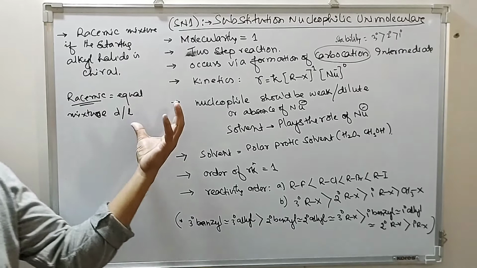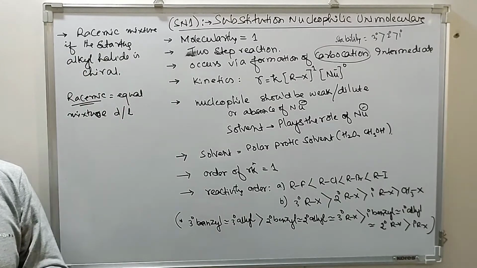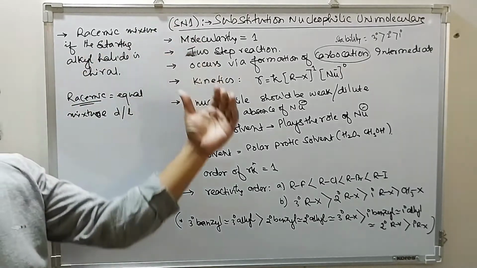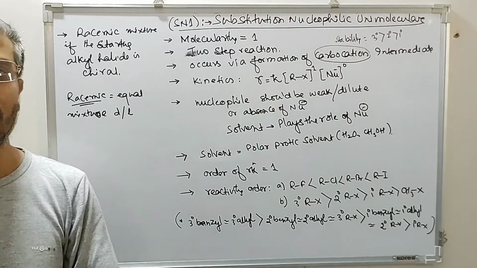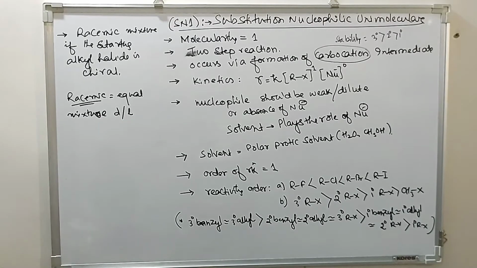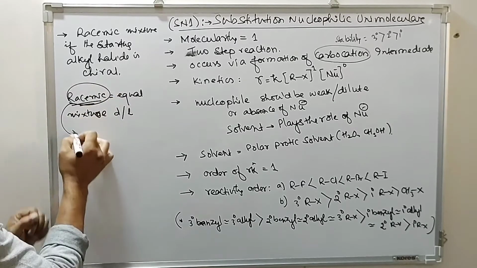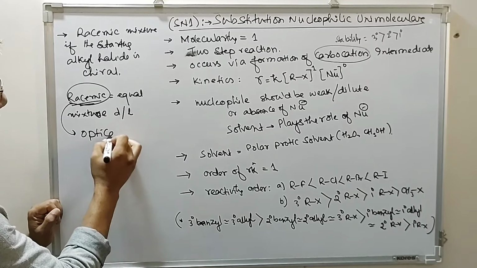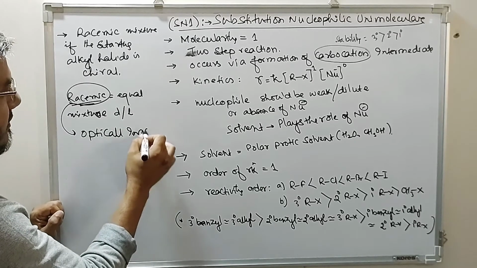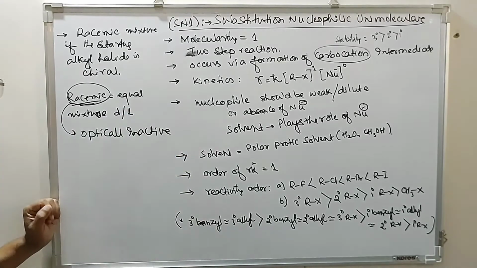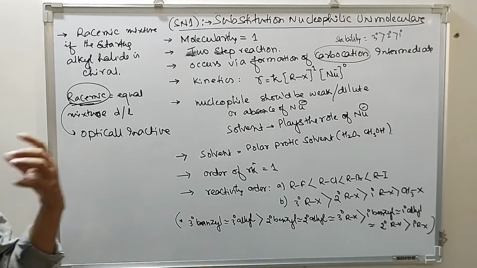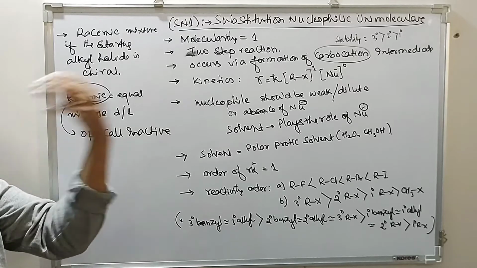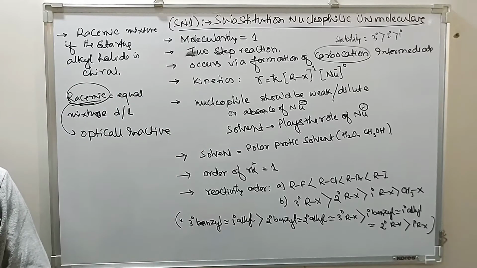So if we start with an optically active alkyl halide, for this substitution nucleophilic unimolecular, then the product will be optically inactive. If the starting compound is optically inactive, then there is no question of formation of a racemic mixture. So a racemic mixture is possible only when the starting alkyl halide is a chiral molecule which shows optical activity.